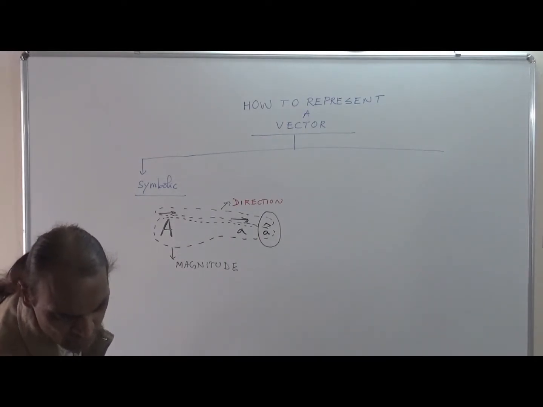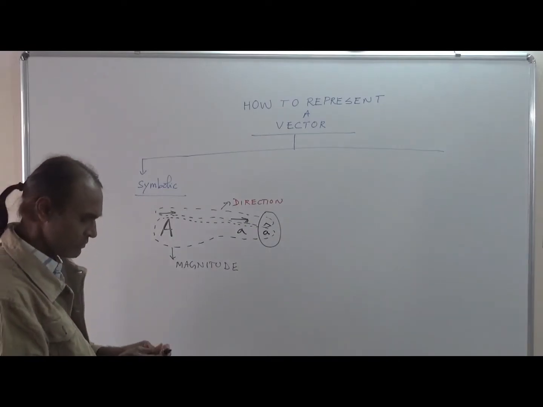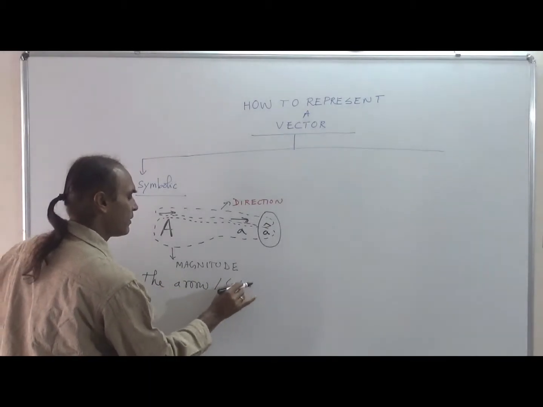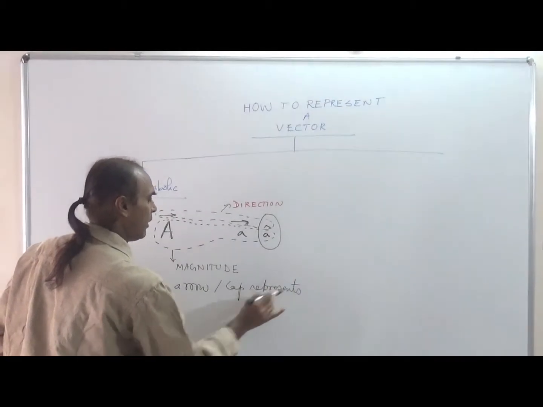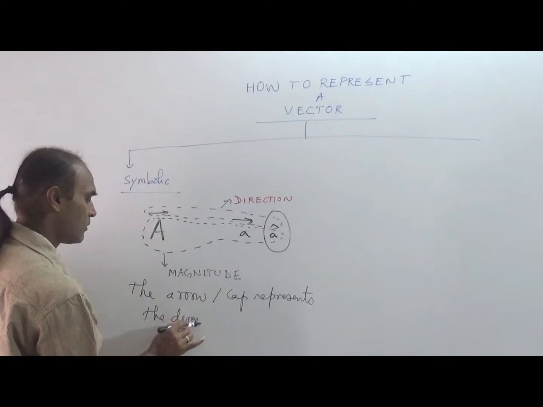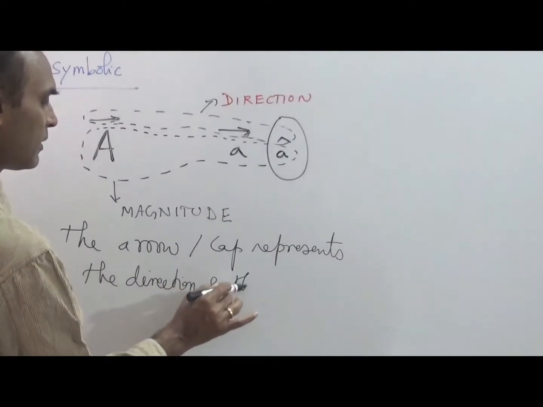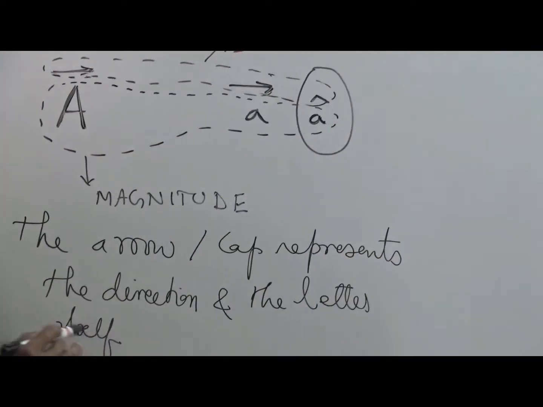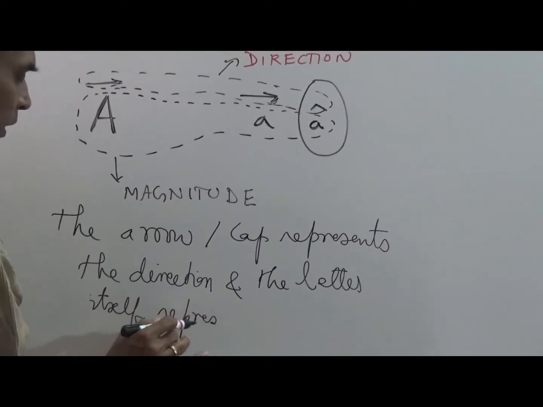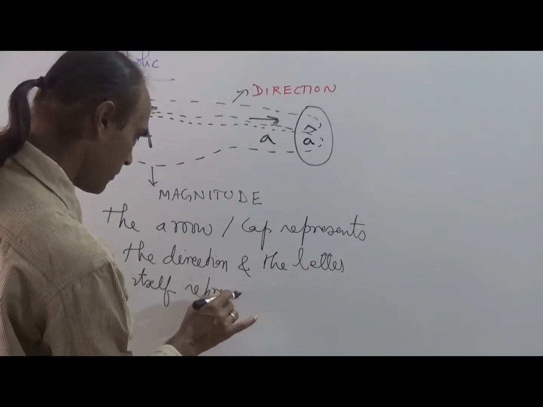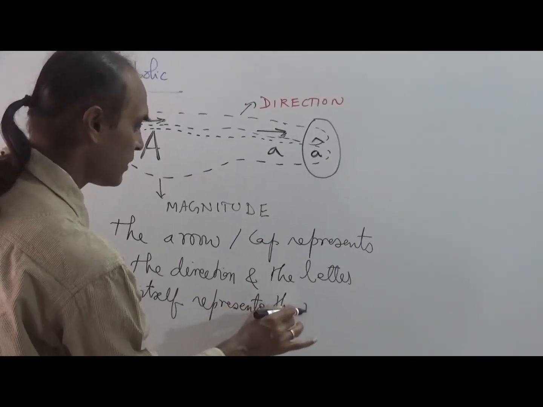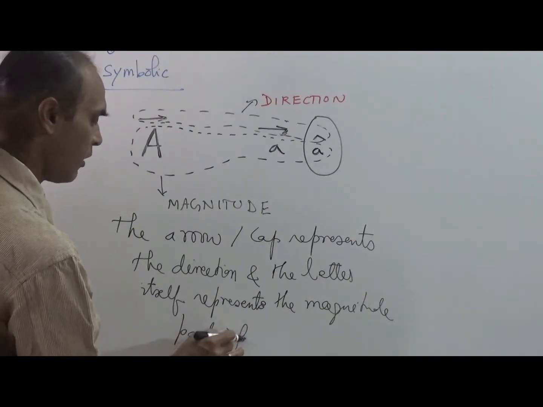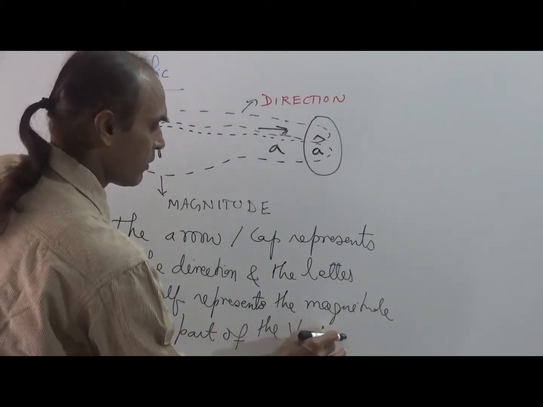So an arrow or cap represents the direction, and the letter itself represents the magnitude part of the vector quantity.